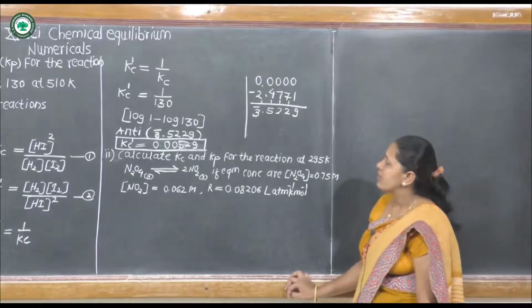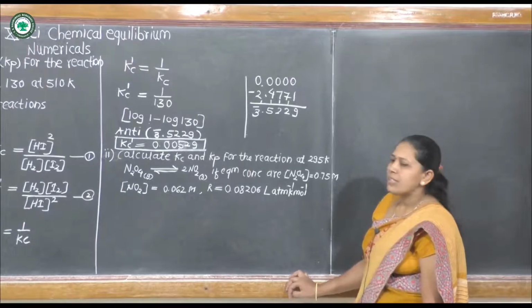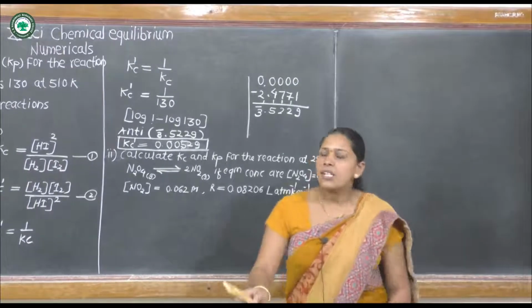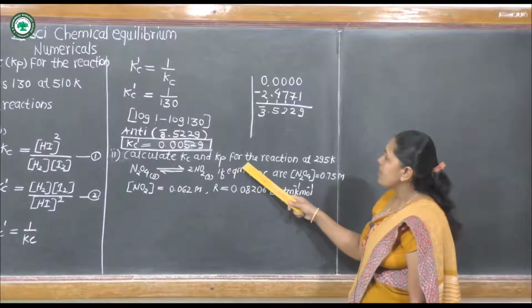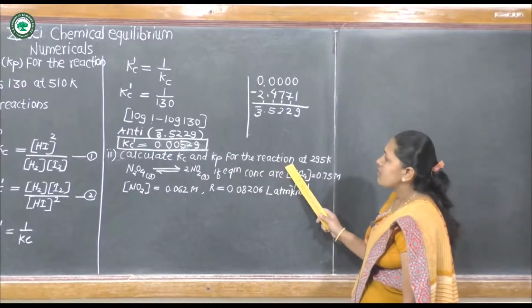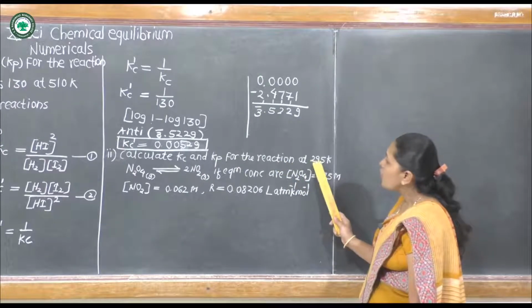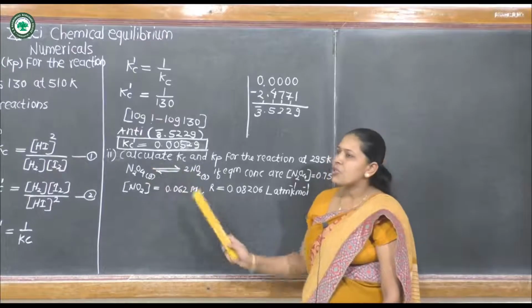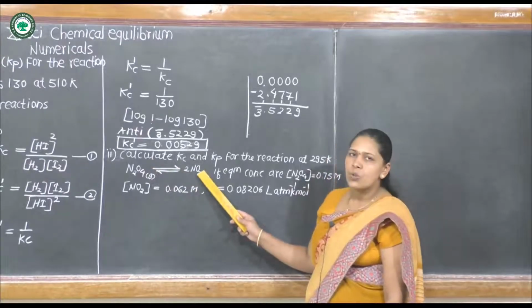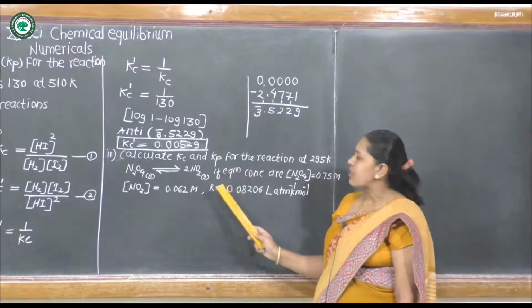Then next numerical, calculate Kc and Kp. Second numerical, calculate Kc and Kp for the reaction at 295 Kelvin. Reaction is dinitrogen tetroxide is converted into twice nitrogen dioxide.